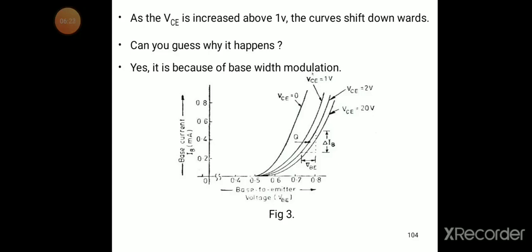The depletion region increases, and the depletion layer penetrates into the base region. The base region is a very thin layer already, and again the depletion layer enters into the base region. Ultimately the number of charge carriers in the base decreases.